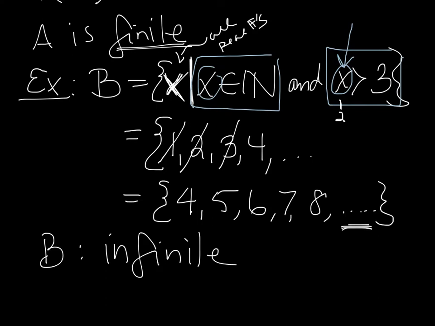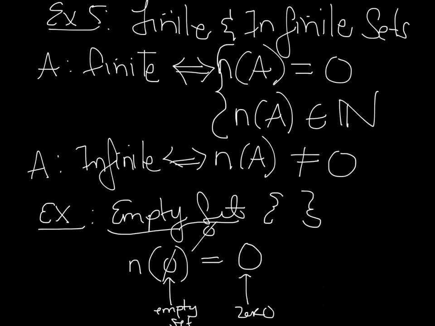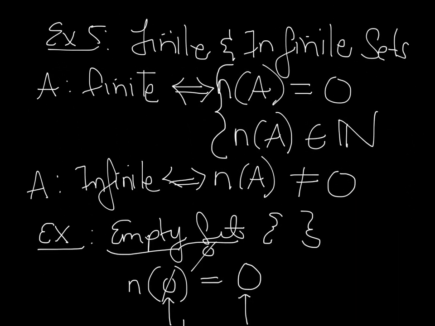If I ask you how many numbers are greater than 3, you can't give me a fixed value. You know, there are a million numbers greater than 3. No, there's a lot more than a million. So that is example, I think it was 5. Okay, so make sure you understand this set notation.